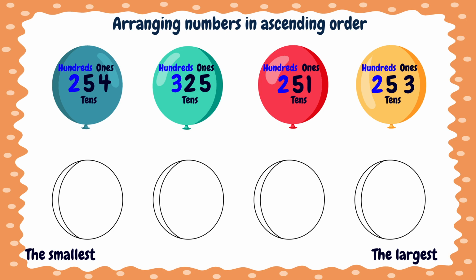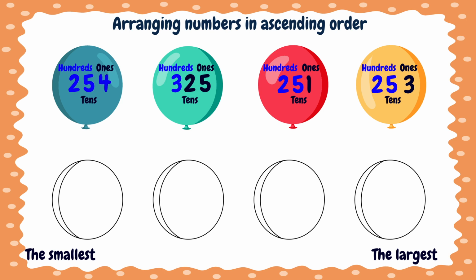Well done. We will compare the tens place and the 3 numbers. Let's start. Here is the number 5. Here is 5 as well. And here is 5. The tens place is also equal. So what do we do? Excellent. We will compare the ones place.